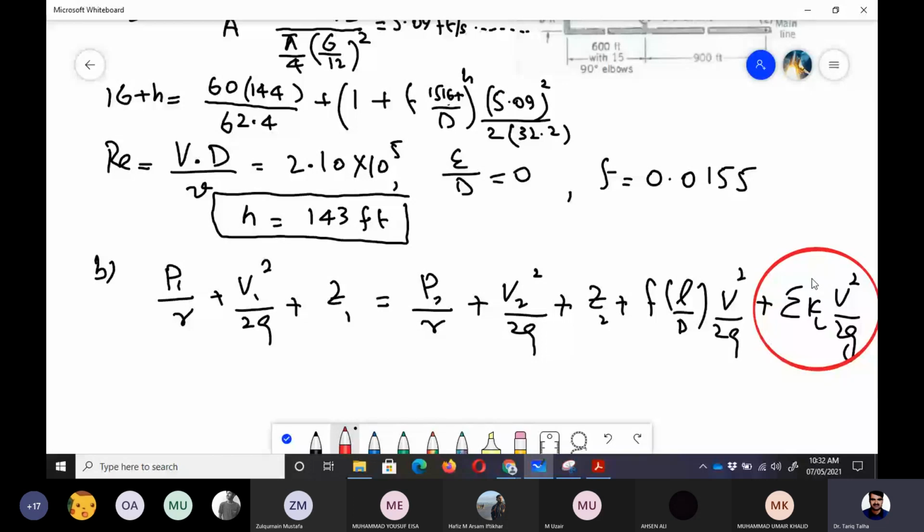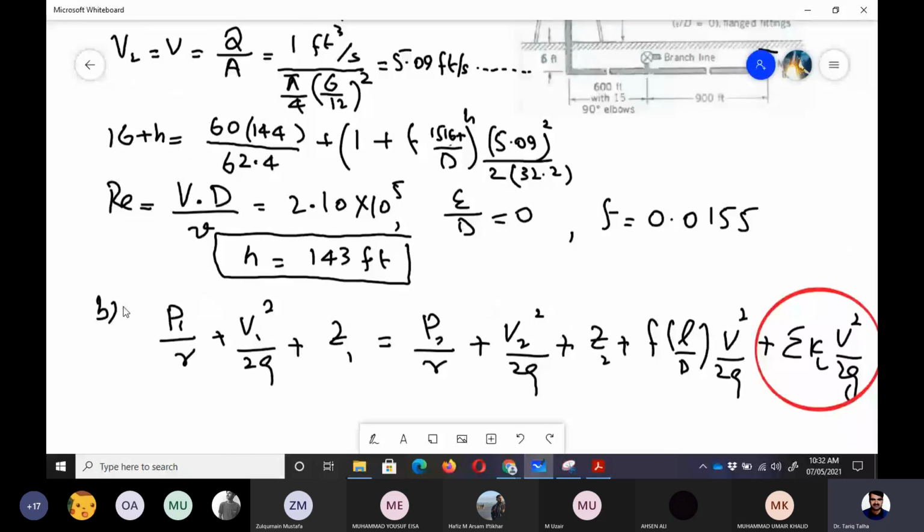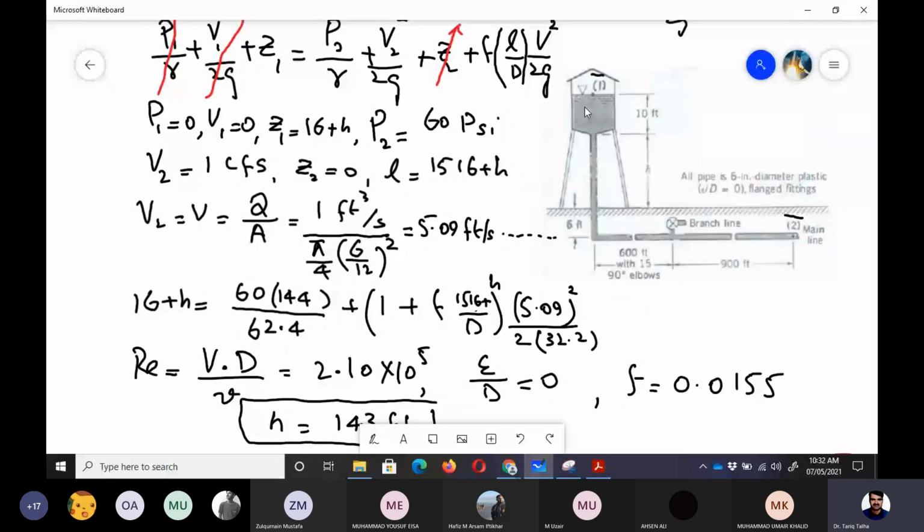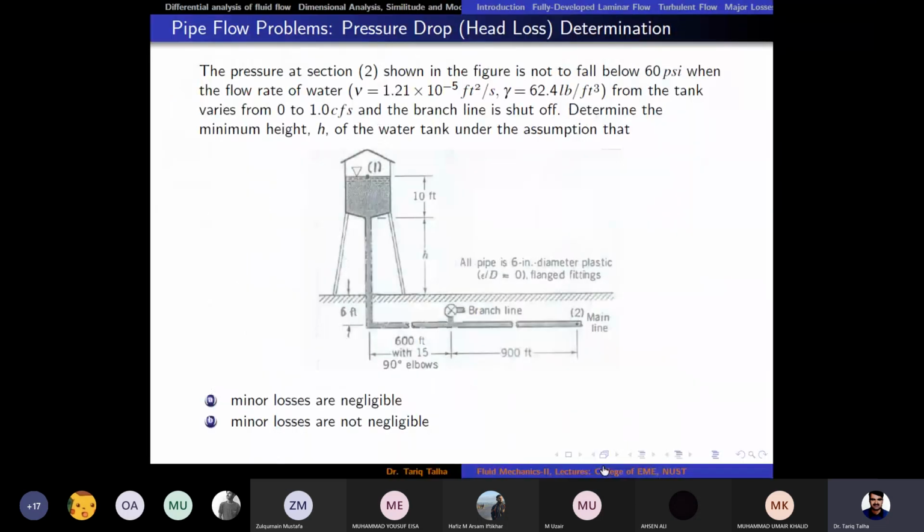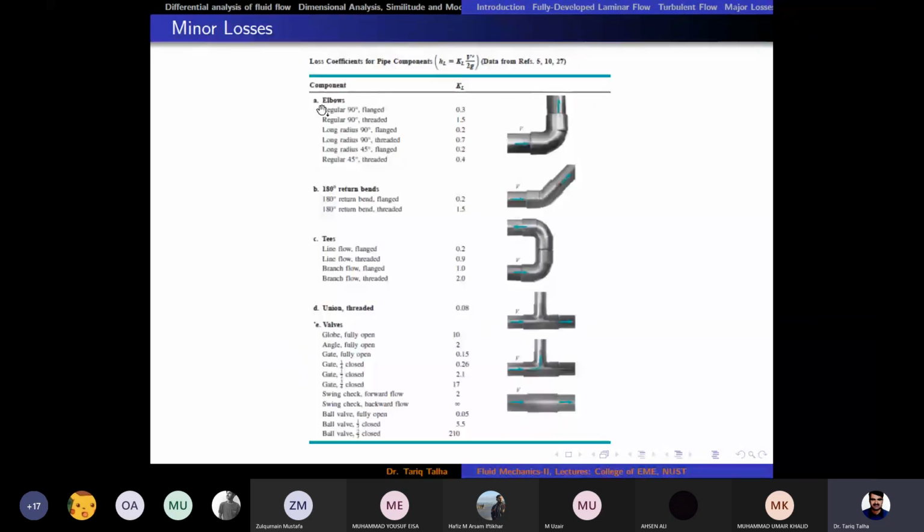Now if we see this piping system, there is one loss when the flow enters from this overhead tank into the piping system. If we take it as a sharp edge entrance, the K_L value is 0.5 for this case. Then we have 15 90-degree elbows. If we see part A of this table, we have 90-degree elbows.